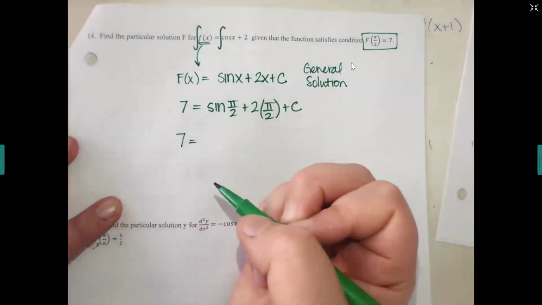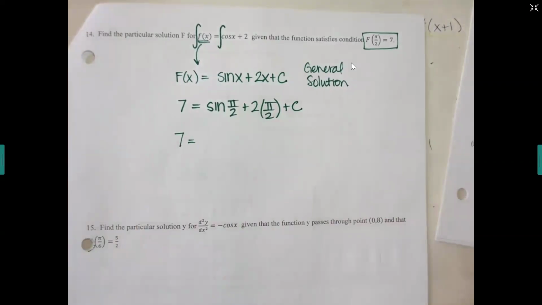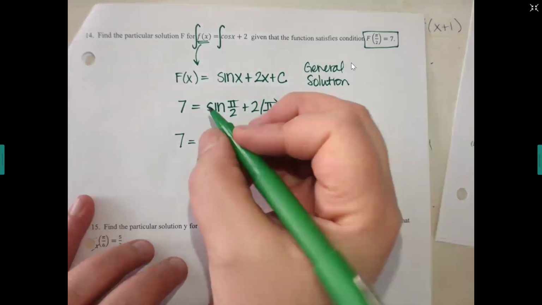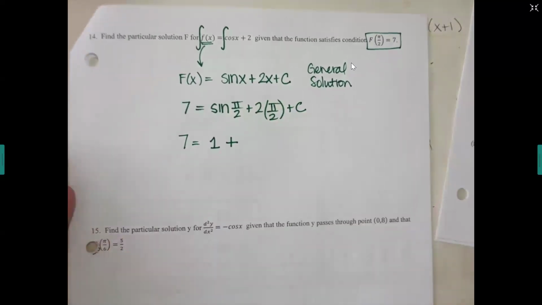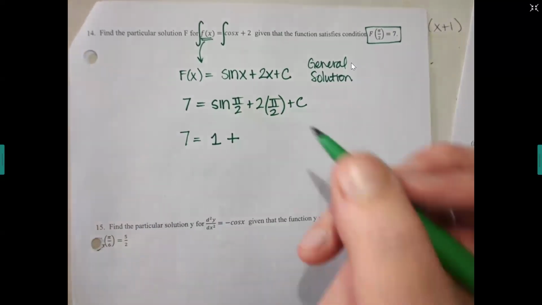Okay, sine pi halves. Which one's your pi halves finger? 0, pi 6, pi 4, pi 3, pi halves is your thumb. And then sine, you want all the fingers down. That'd be root 4 over 2, which is the same as 2 over 2, which is 1. So that'd be 1 plus. What is 2 times pi halves?